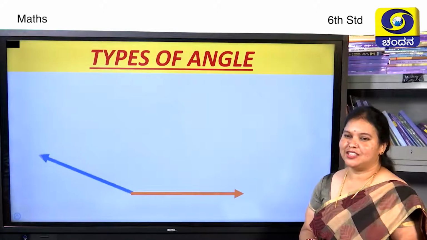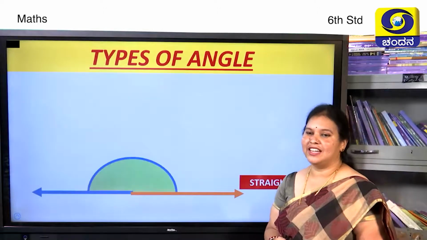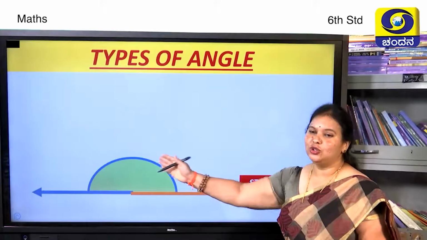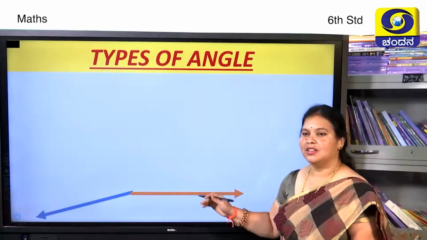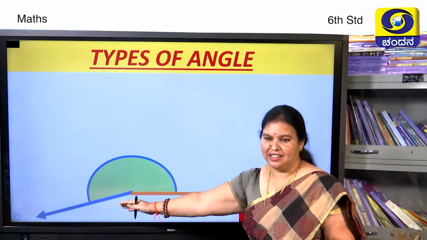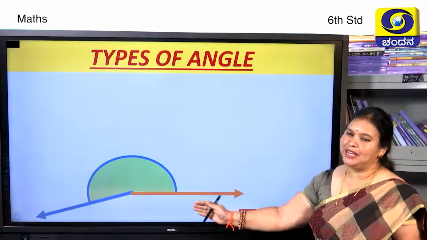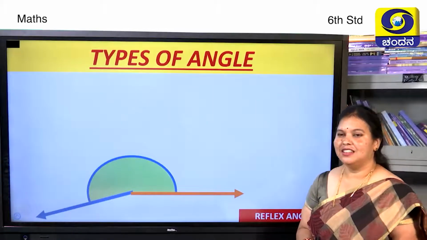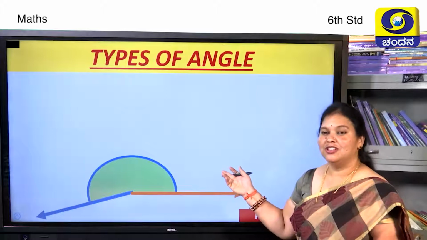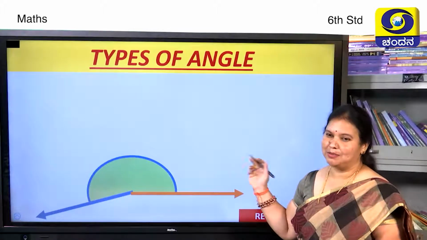And see the next one. It is a straight angle and it is equal to 180 degree or two right angles. See, this is a reflex angle. It is greater than a straight angle and less than a complete angle, isn't it? Here I can't show you the complete angle in animation. So you know already what is a complete angle.